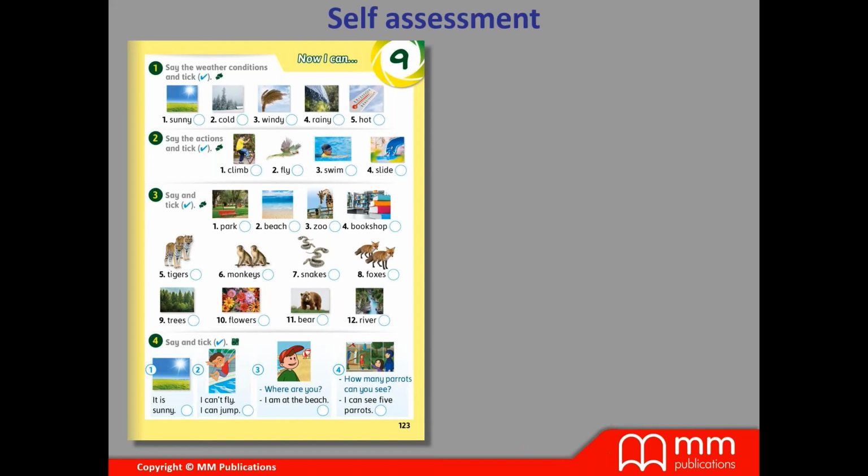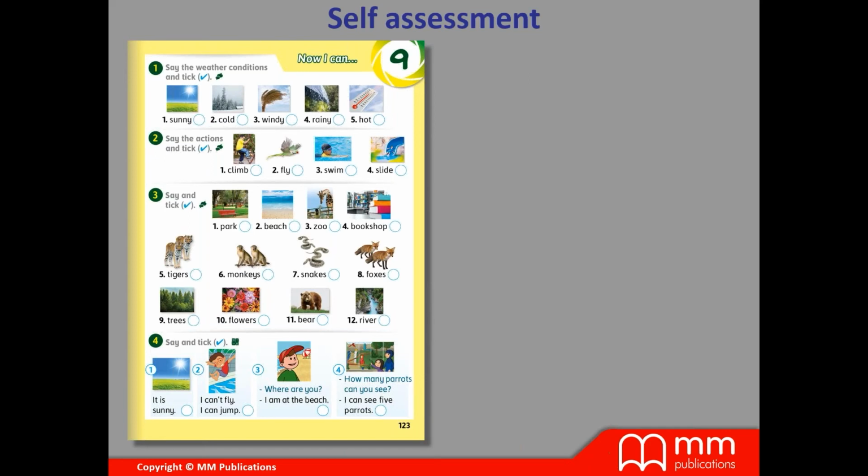I can say it's sunny. I know how to talk about ability. I can jump. So when students go home at the end of the lesson and their parents will ask them, what did you do today? What did you learn today? It is more likely that students now, because of this self-assessment, have become more aware of what they have learned.